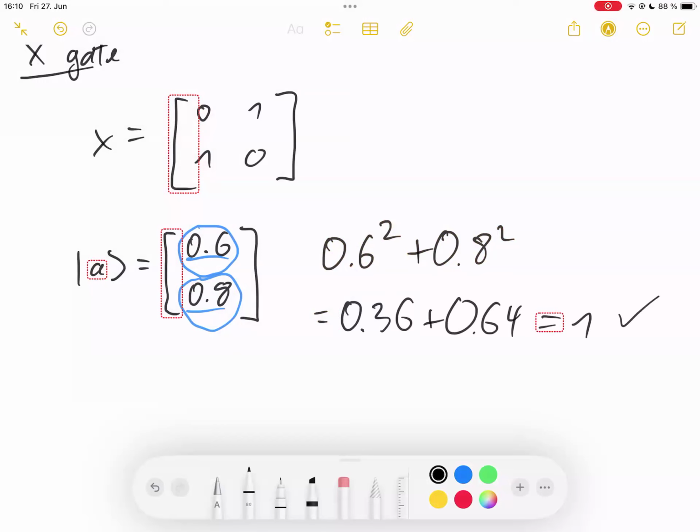So this is a valid qubit. It's a very simple one. Just in order to keep it simple, we only put the real component here, not the imaginary component. But |a⟩ is a valid qubit.